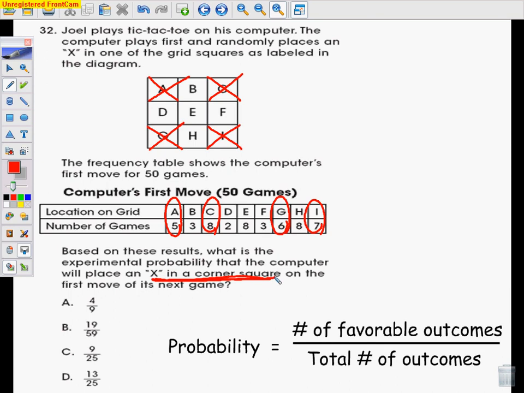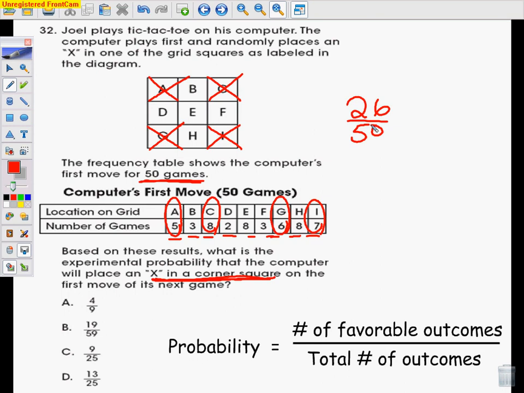So if we add up the corner squares, 5, 8, 6, and 7, that adds up to a total of 26. And then we're going to divide this by the total number of outcomes. Okay, and they told us at the beginning that this is for 50 games, and even if you added all of these numbers up, that all add up to 50.